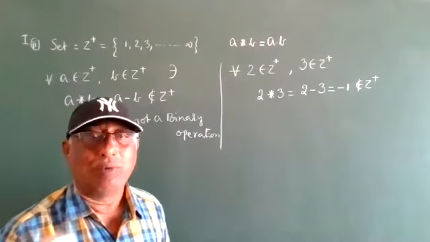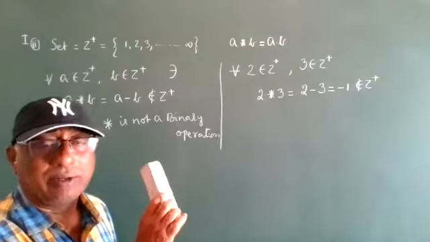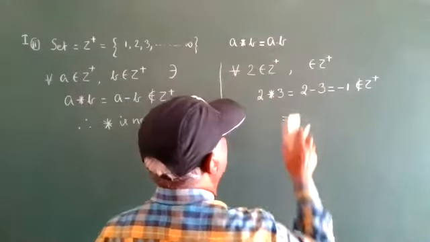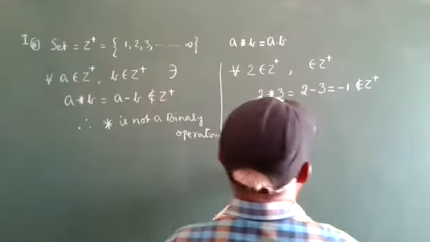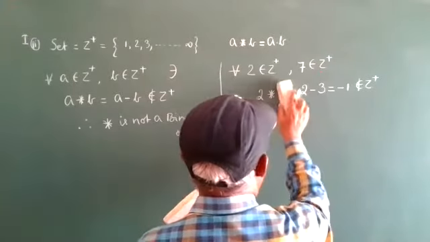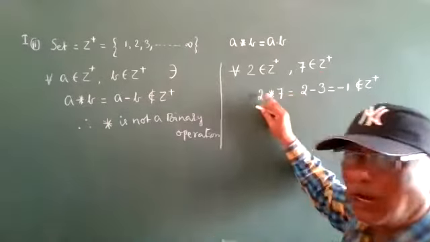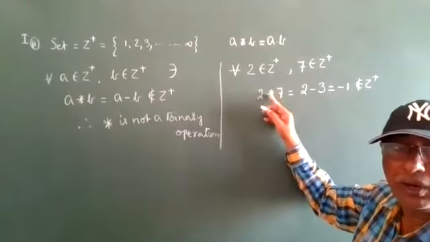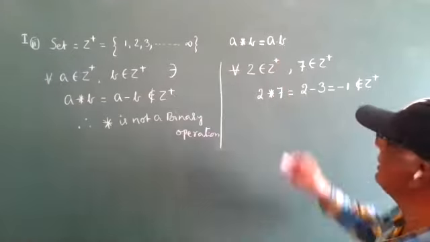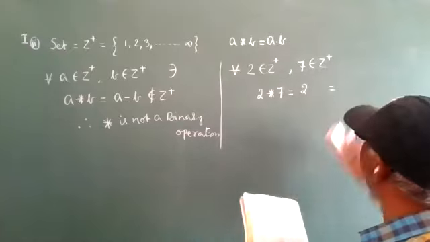So we can take one example. If it is true, write down the statement. Any example we can take. For all 2 belongs to Z plus and 7 belongs to Z plus, 2 star 7. Here star is the operation, and the operation symbol is multiplication.